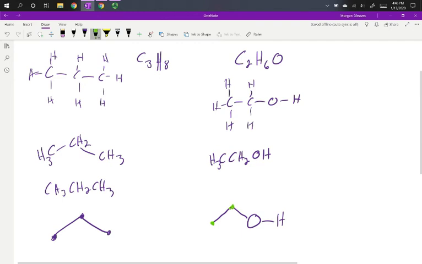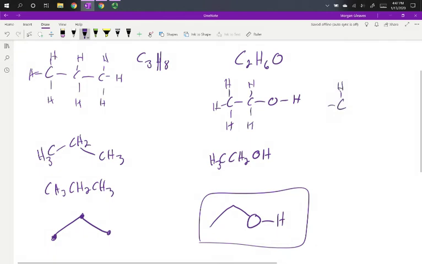So let's go to green. This is our CH3CH2OH. And if you had had the other version, 3 hydrogens on a carbon to an oxygen to a carbon with 3 hydrogens, you can also draw this as carbon to an oxygen and an oxygen to a carbon.